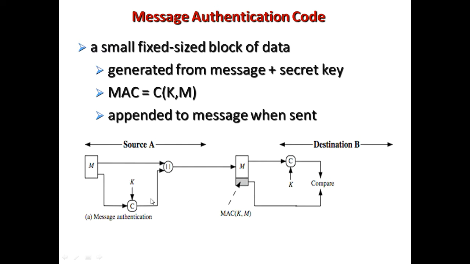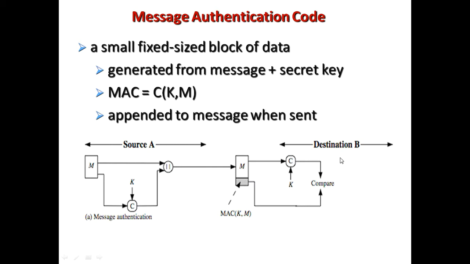It is just like a symmetric key algorithm. But what is the difference between a symmetric key and a MAC algorithm? A symmetric key algorithm means encryption, which is reversible, but it is not reversible here. That is the difference. After this, the MAC code is appended to the plain text and sent to the destination. The destination receives the plain text along with the MAC code.